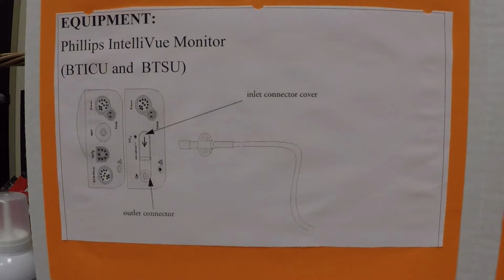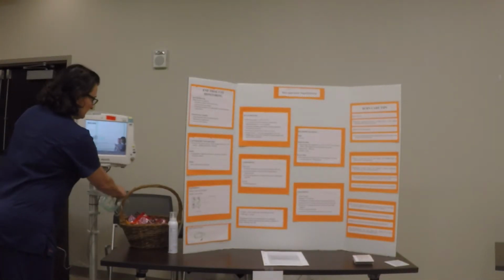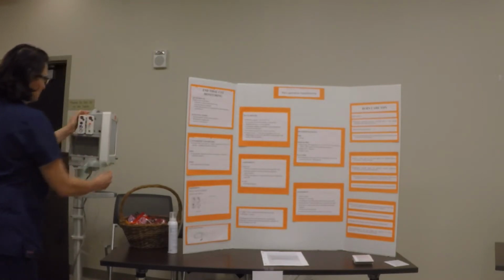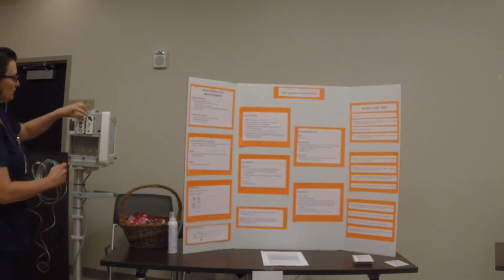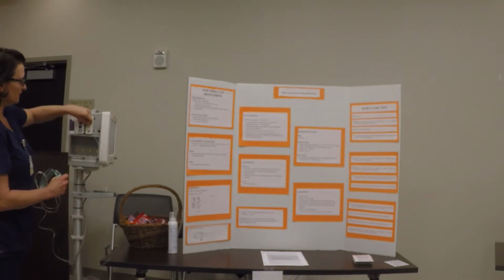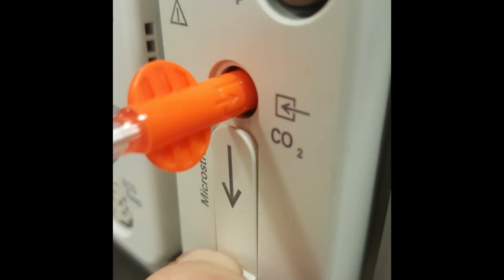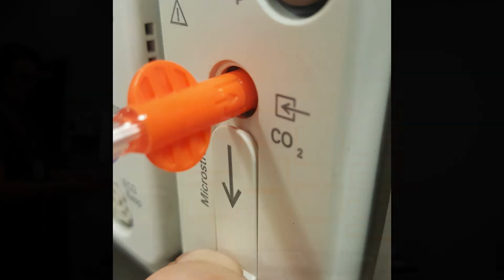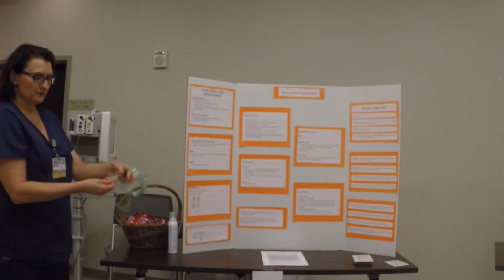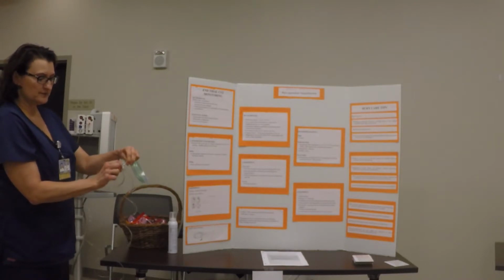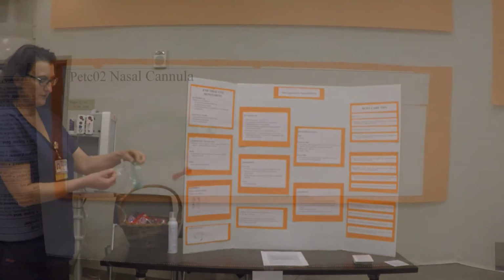And you plug it in to this side, and if you don't have this, you need to be finding one in another room. It slides down. It is a different nasal cannula. This part of it is downward into the patient's nares, and it will show up on your monitor as end-tidal CO2.